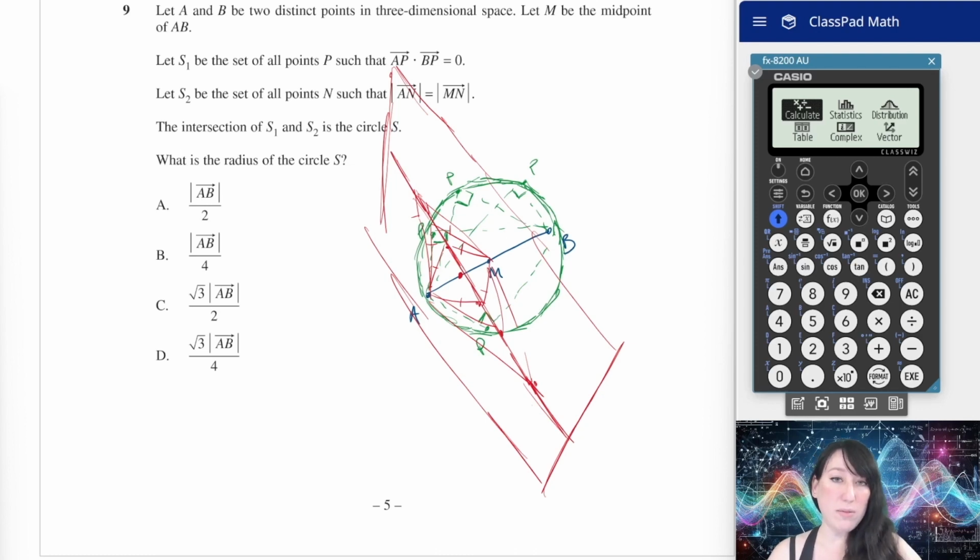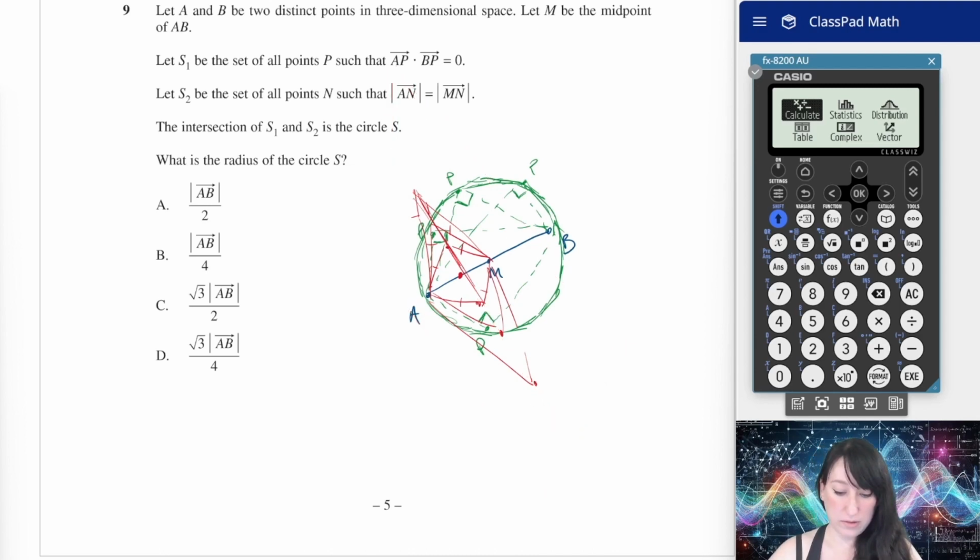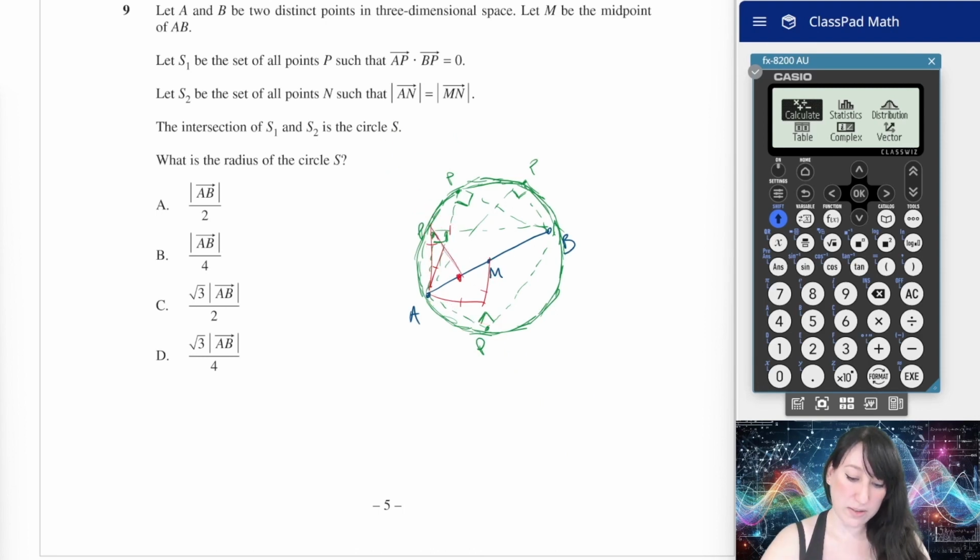So let's take one of those points of intersection of that plane and that sphere. From that center point, we can go straight out to the sphere. Now the circle would be going around the sphere like that.